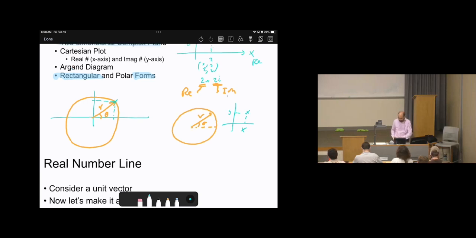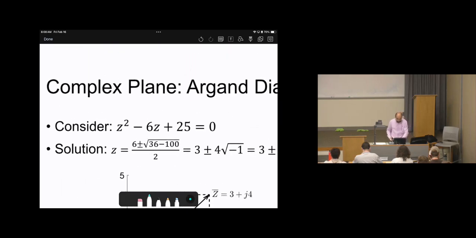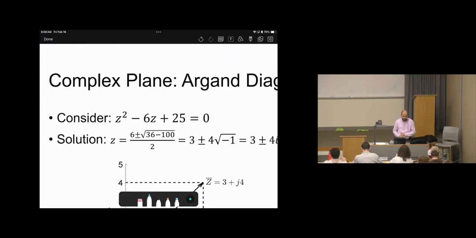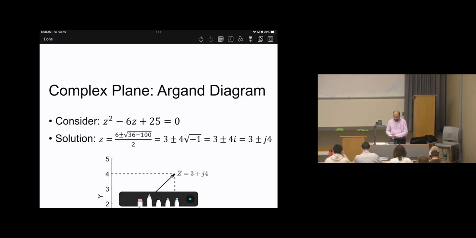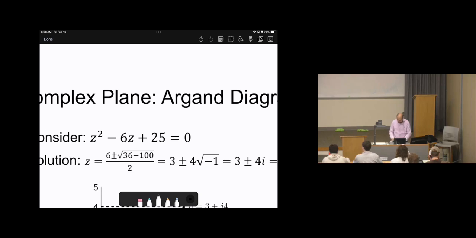Okay? Now, let's discuss this equation. We have z squared minus 6z plus 25 equal to 0. Now we need to calculate or find the roots of this equation. So let's try to find the roots. Basically, this will equal 0.